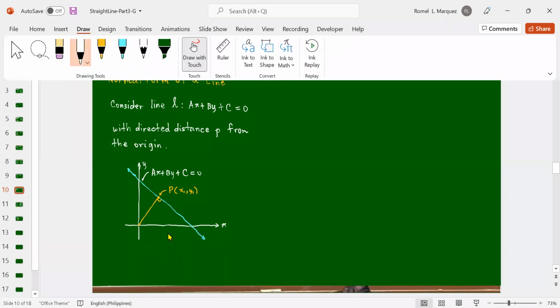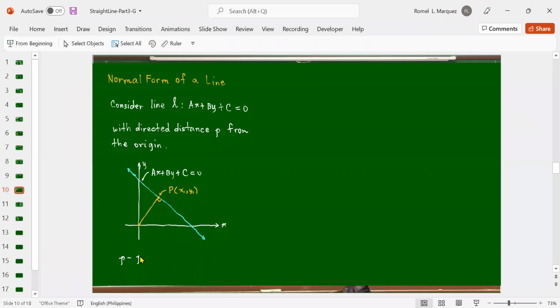So p here, again, perpendicular distance, but directed, of course, no? p is the directed distance, and when you say distance, perpendicular supposed to be here. Directed means can be negative, can be positive. Directed distance of L from where?